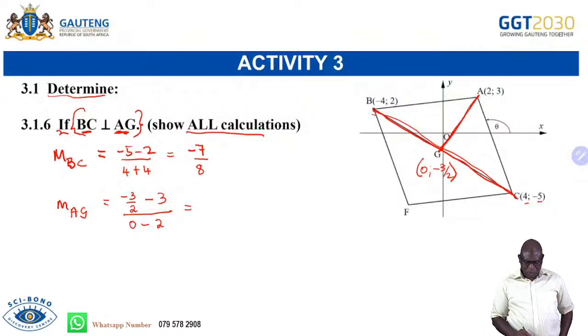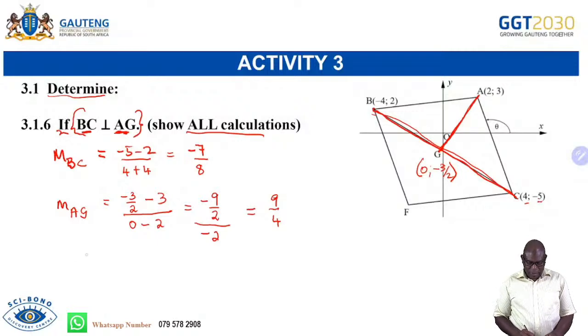I know 2 times 3 is 6, -6 minus 3 is -9. So on top I'm going to get -9 over 2. I'm doing it manually, but please go to your calculator. That's divided by -2, so I'll get +9 over 4.